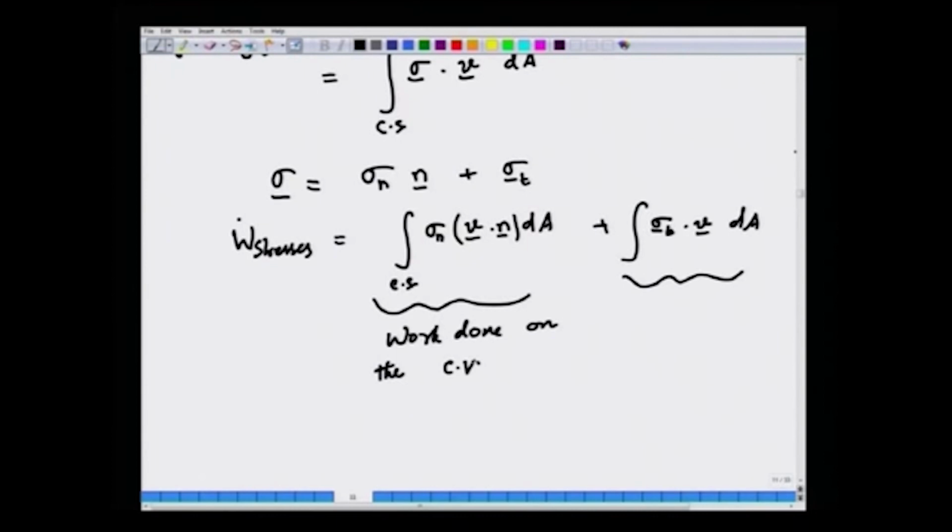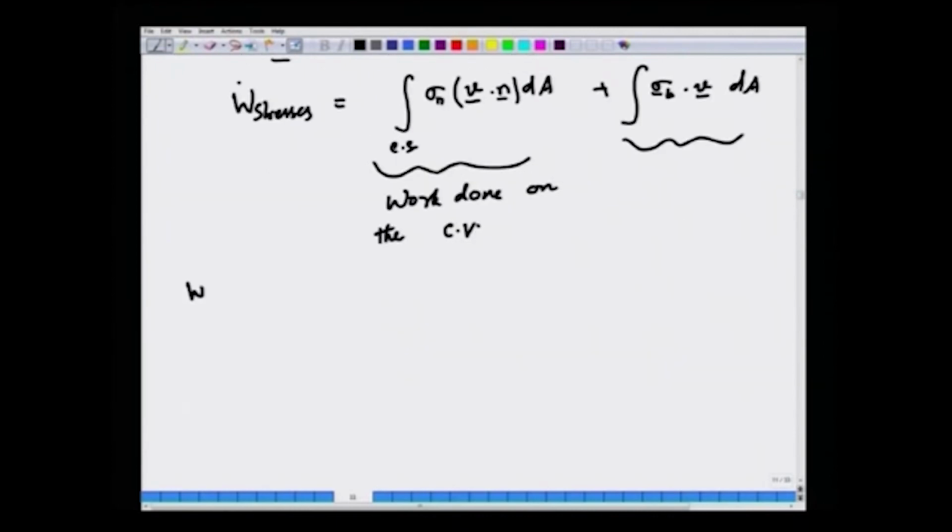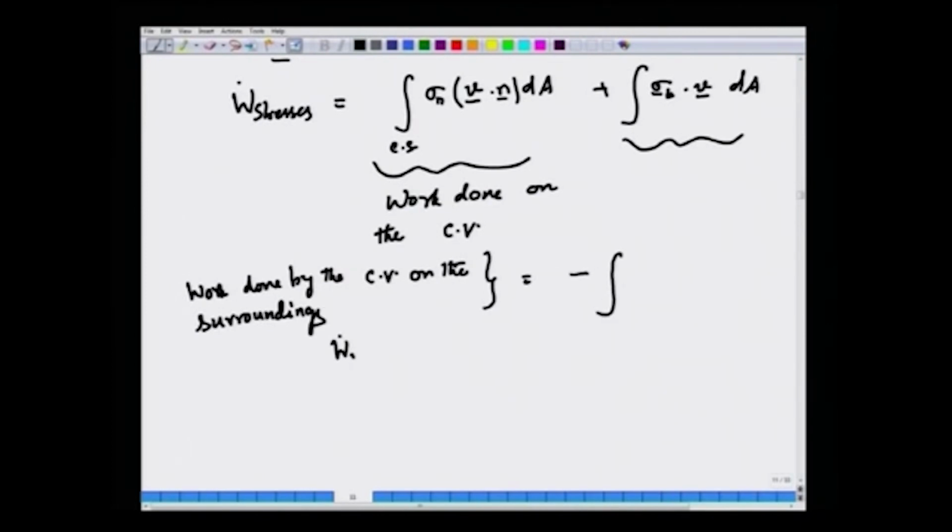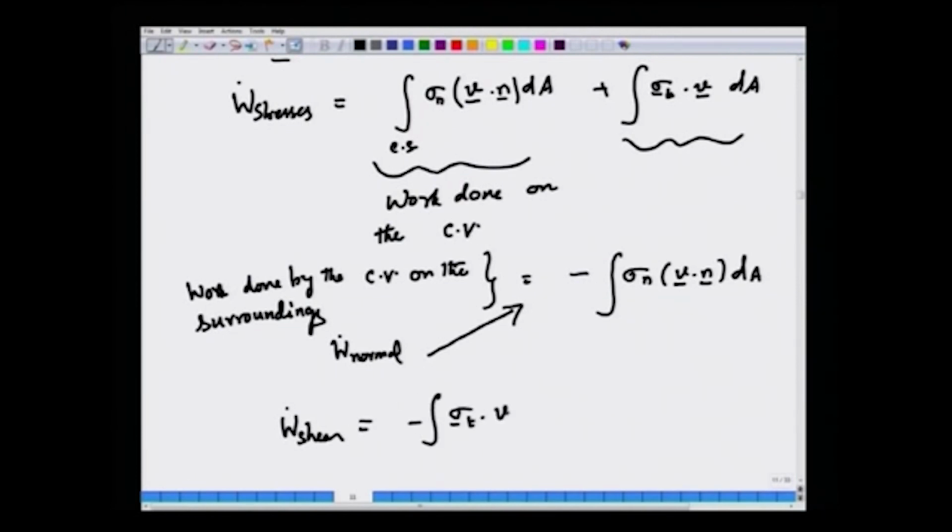If you want to know the work done by the CV on the surroundings, it is nothing but minus, so the normal component of the work, W dot normal, is the negative of whatever we have written, because this is basically the work done on the CV. The work done by the CV on the surroundings due to the normal component of the stresses is this, and due to shear is nothing but minus sigma T dot V dA.